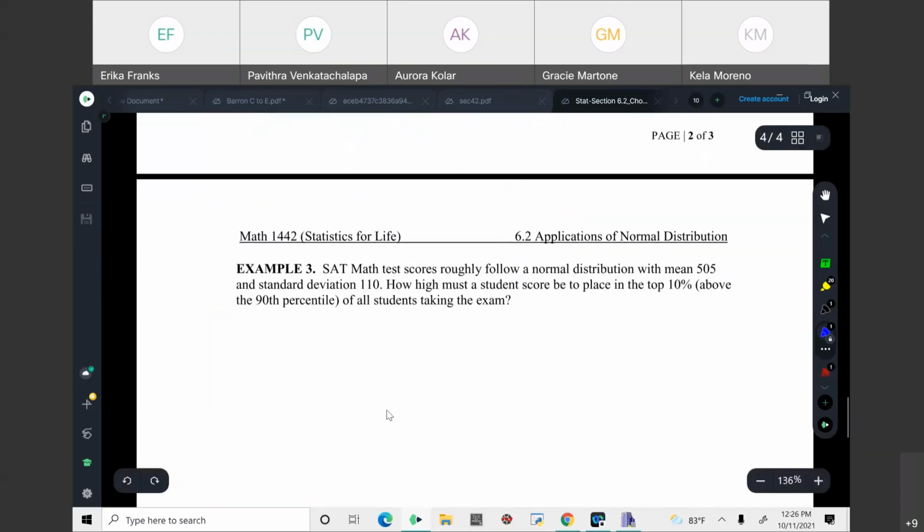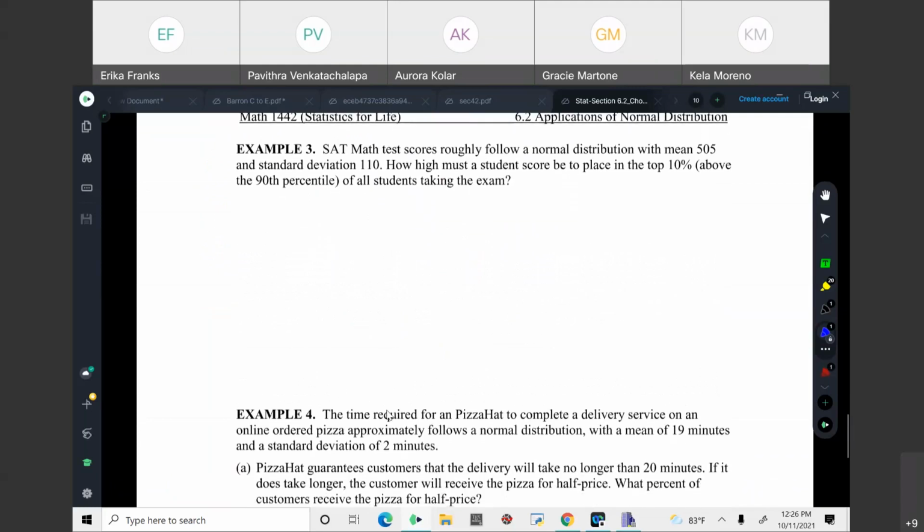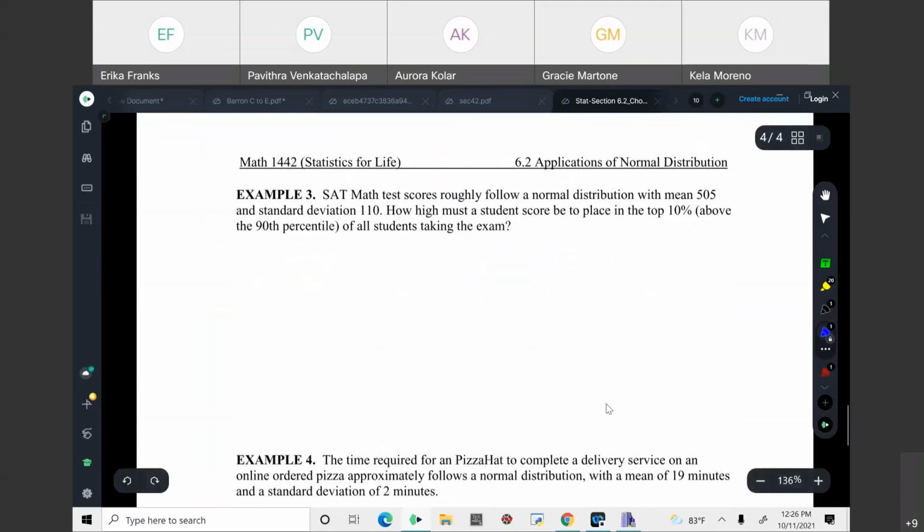So let's move on to example 3. Okay, let's do example 3 first. They have given you the mean, standard deviation, and the area, but not the direct value.